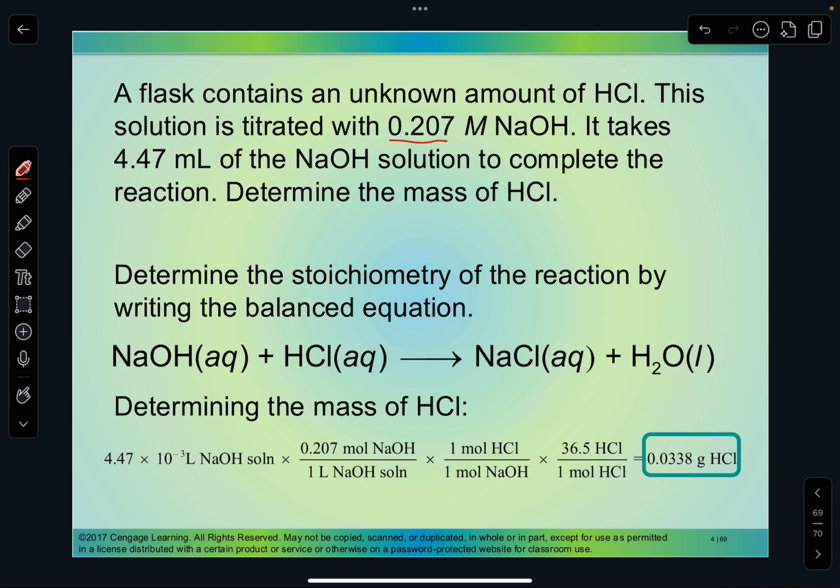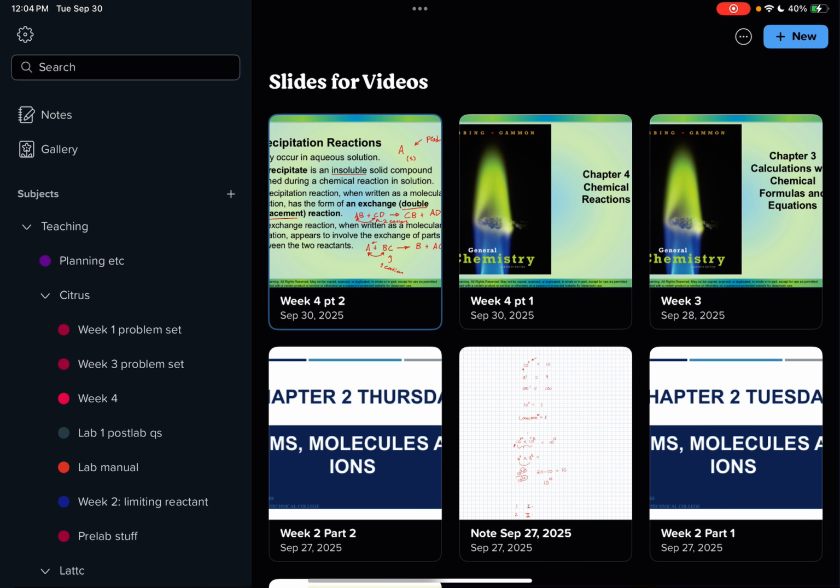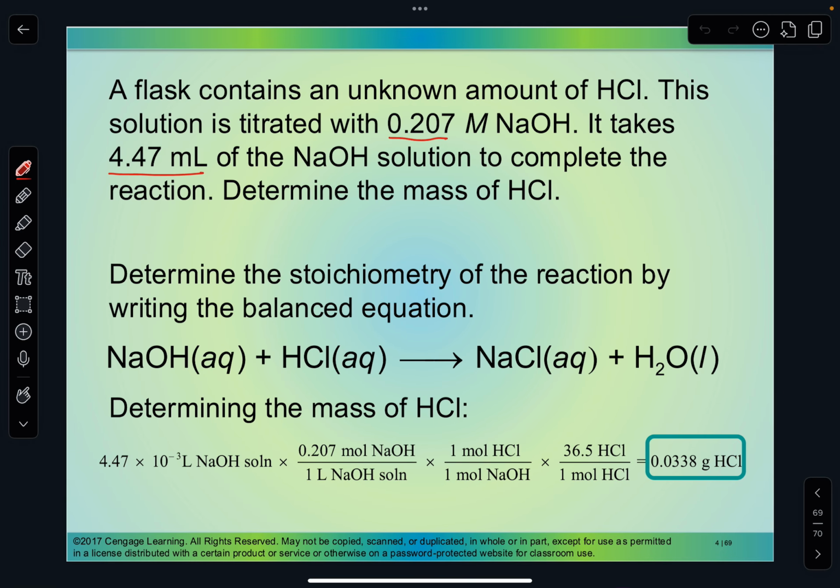With 2.07 molar NaOH, it takes this amount, so we know our volume and concentration. We want to determine the mass of hydrochloric acid that is going to be present in that flask.